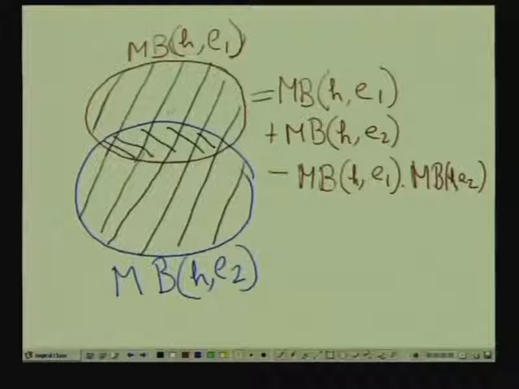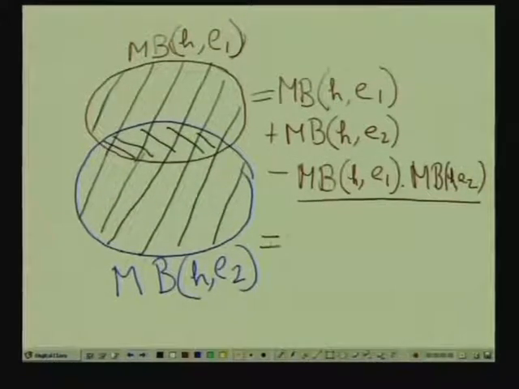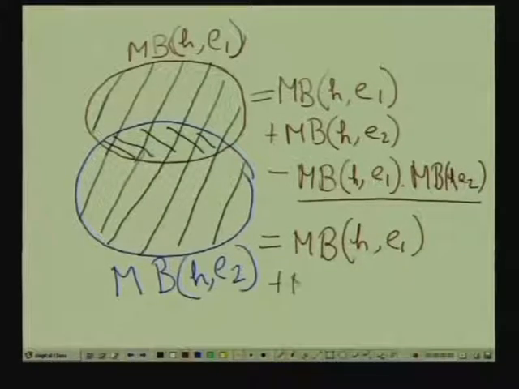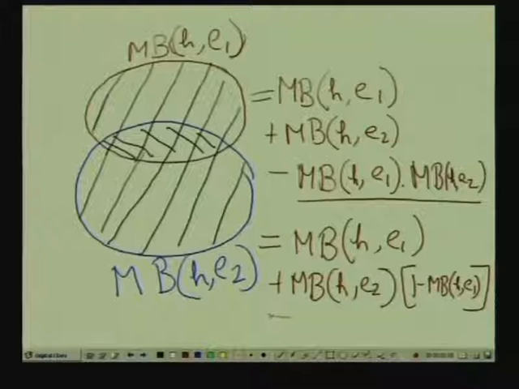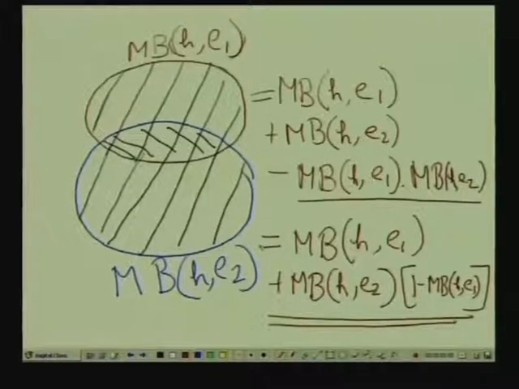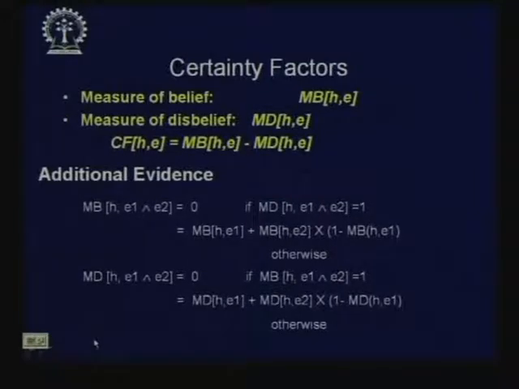This part is common, this is the common part here. So, if I take the common part out, it will be MB(H|E1) plus MB(H|E2). If I take this out, then this part will be 1 minus MB(H|E1), right. That is the expression. Therefore, let us go back. So, this is the formula.